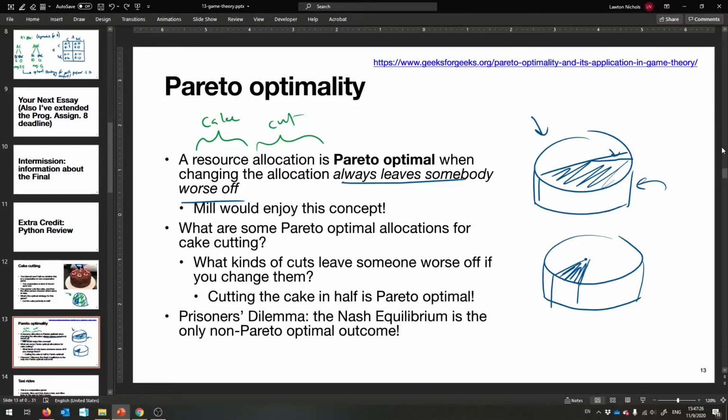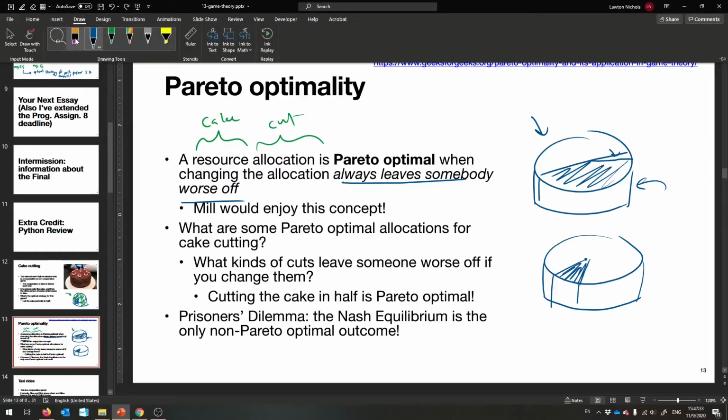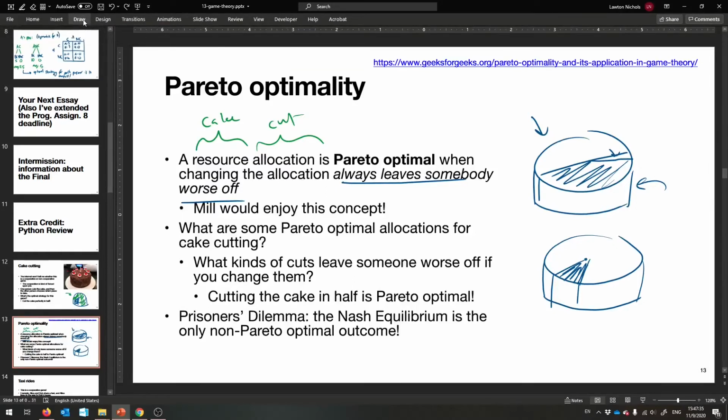Well, if you were to change this allocation to give a little bit more for yourself, here's a little bit less, and here's a little bit more for yourself. Notice that because your sibling's going to pick this side, you're going to gain a little bit. So that makes it better for you, but it also leaves your sibling worse off. You see how they got less cake in that case?